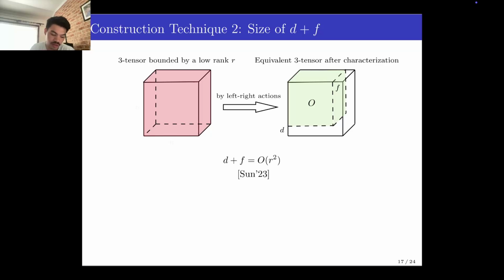So if we have a matrix space rank bounded by R, then the D and F part will be upper bounded by R squared. Our improvement gets this to a tighter bound of R log R.